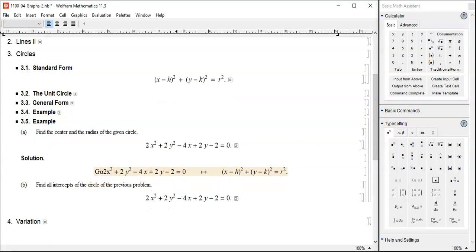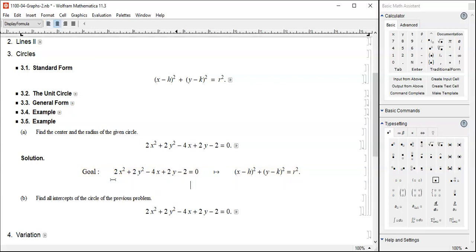This is our goal. Okay, how do we do that? Let's begin with the given general form and look at the target. We have coefficient 1 and coefficient 1 there. We have coefficients 2 and 2. So let's divide each by 2 and make the coefficients 1.